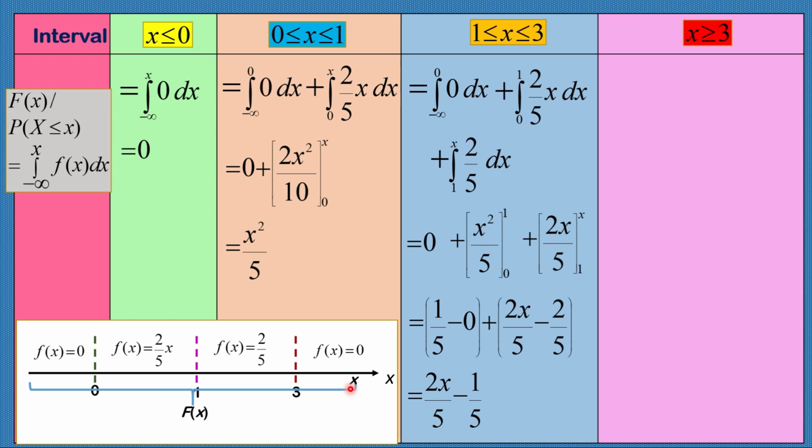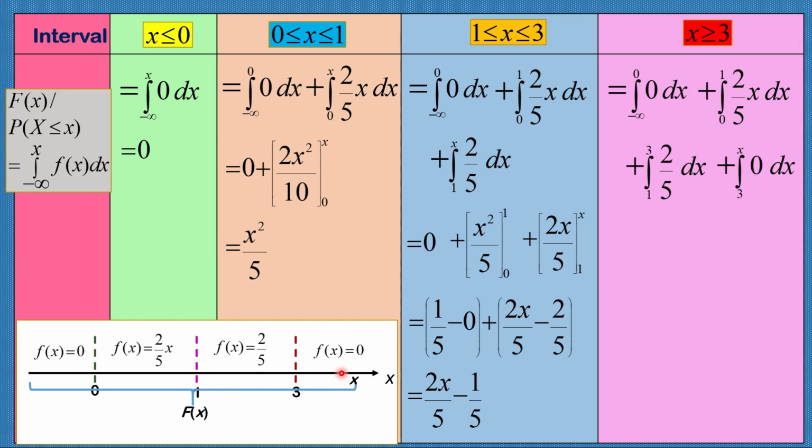So the integration should be done from negative infinity to 0 for the function 0, plus the integration from 0 to 1 for the function 2x over 5, plus the integration from 1 to 3 for the function 2 over 5, and plus the integration from the interval 3 to x for the function 0.